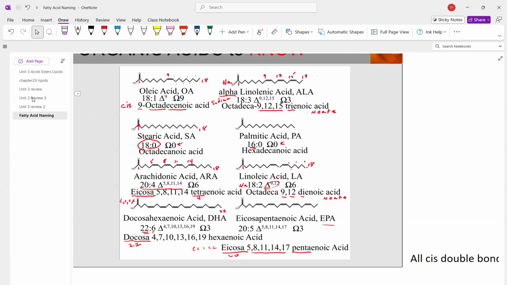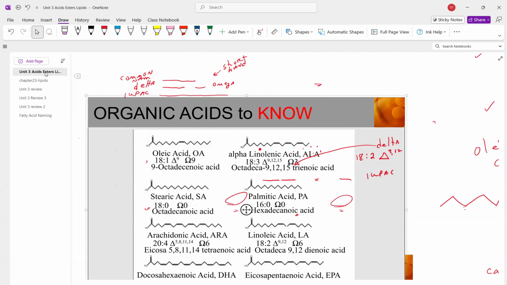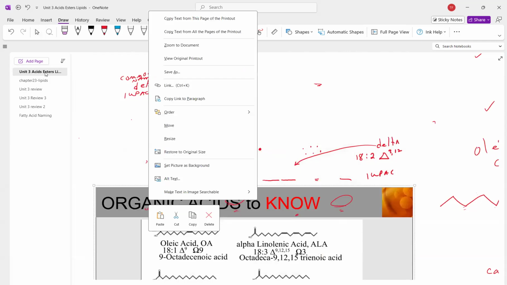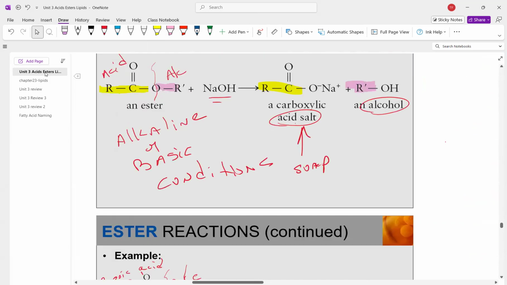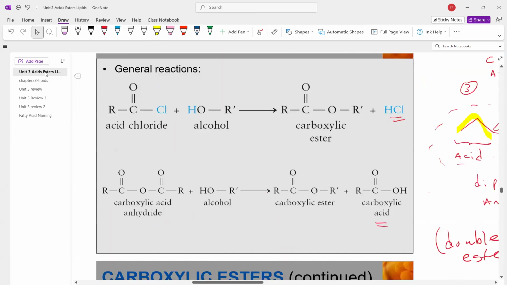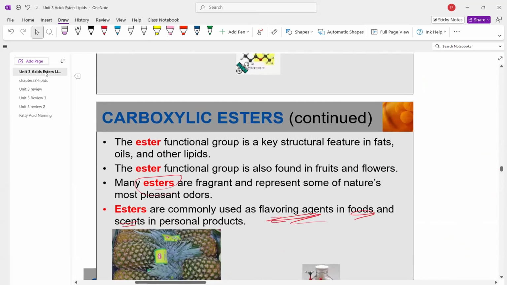Let's see, the other thing I wanted to go over in more detail is naming again. So if we go back to here, this is the first day we covered acids and esters.